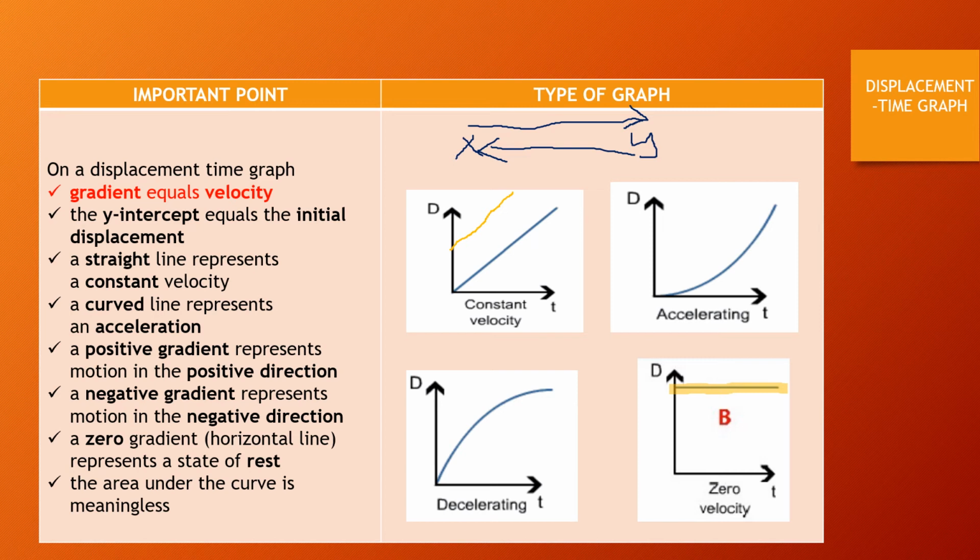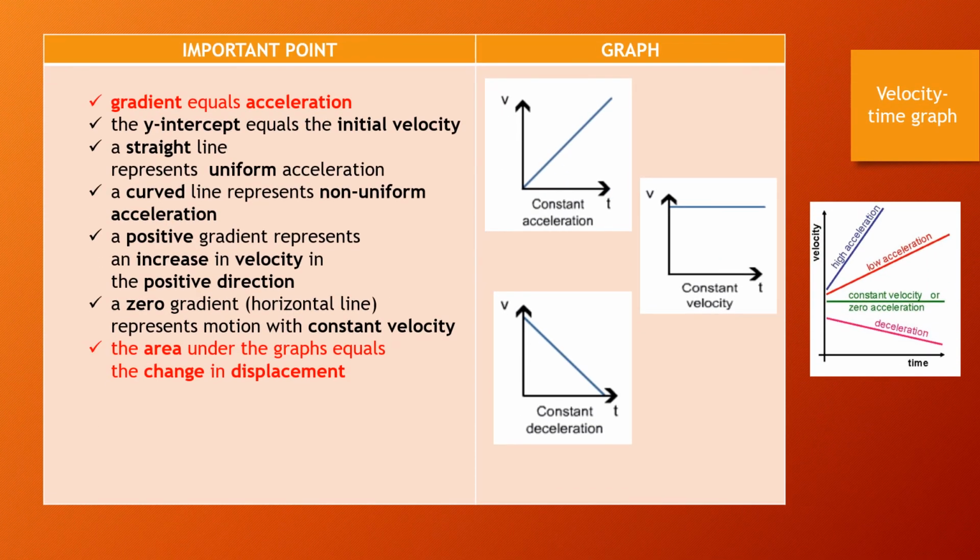Now let's look at this graph. A zero gradient represents a state of rest. So in this case, the object is not moving, and the velocity is 0. A velocity time graph shows the speed and direction an object travels over a specific period of time.